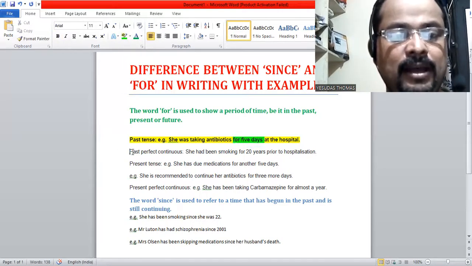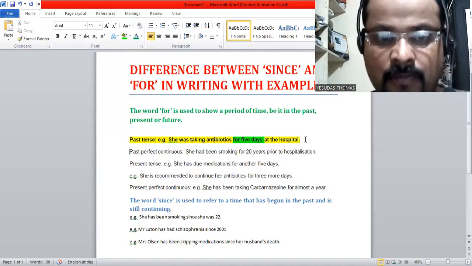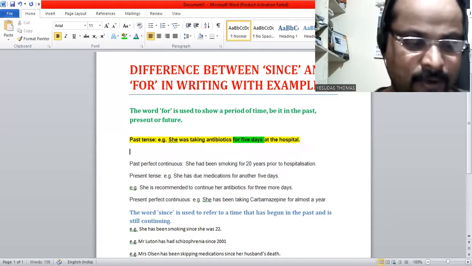Now we have a tense change. If you want to go ahead with one more example, we can go with one more example there.